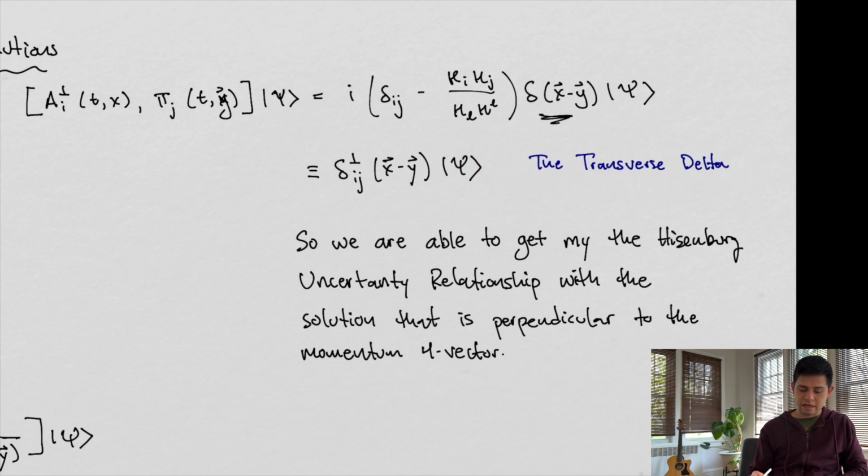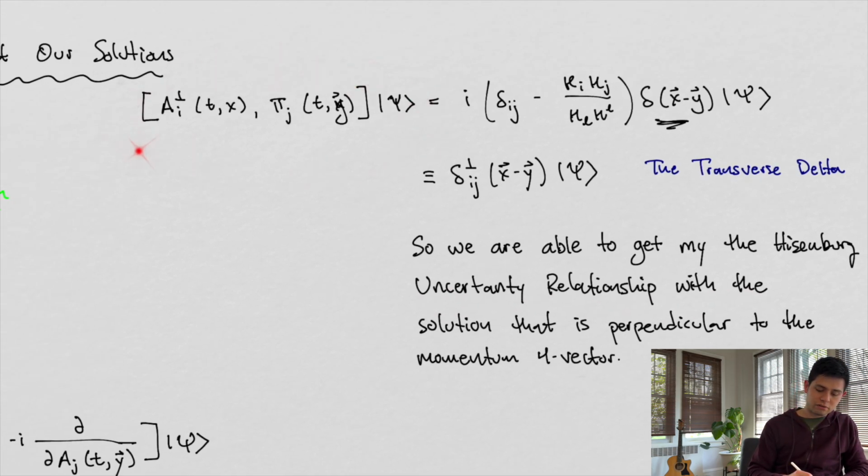So we're able to get the Heisenberg uncertainty relationship, right? Because if this equals the transverse delta, which it does, or this equals a delta function, that means that I and J must be the same, and X and Y must be the same.